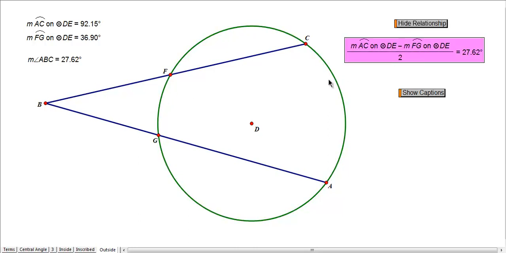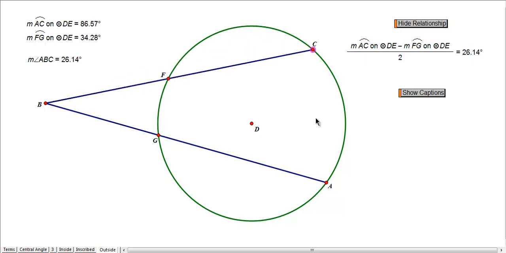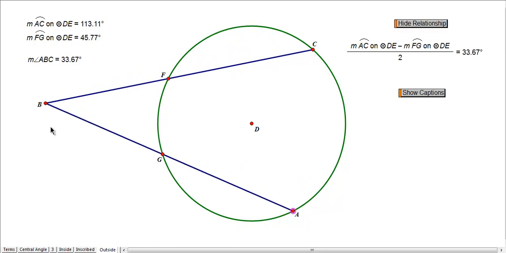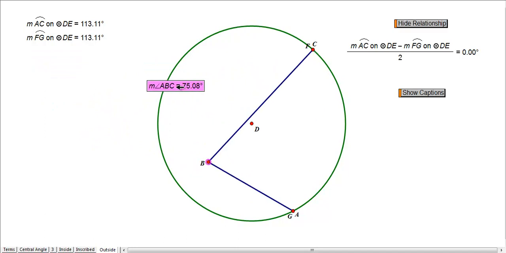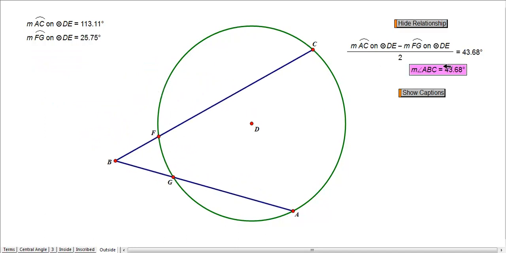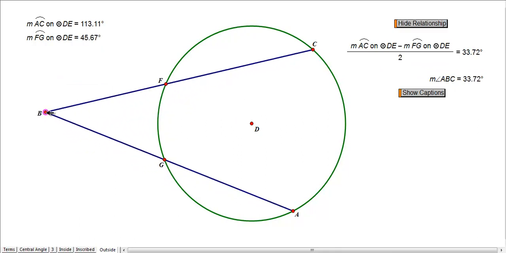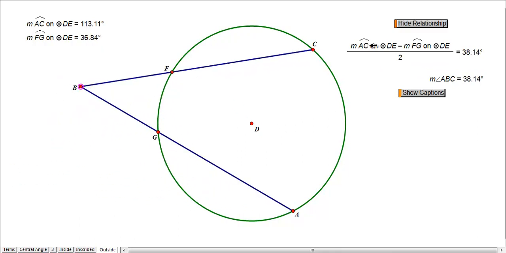If I took the big arc and subtracted the small arc and divided by 2, notice it doesn't matter how big the arcs are. It doesn't matter how close this point is to the circle. This number right here, I'll move it over here so you can look at it, that angle, ABC, is always equal to the difference of the two arcs divided by 2.